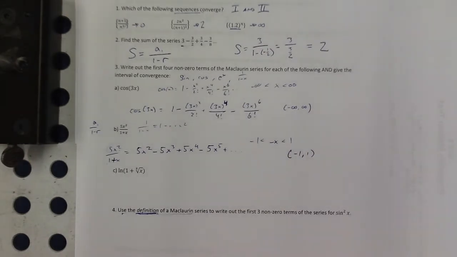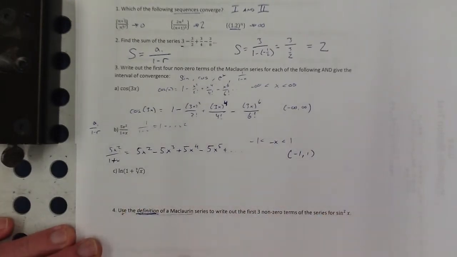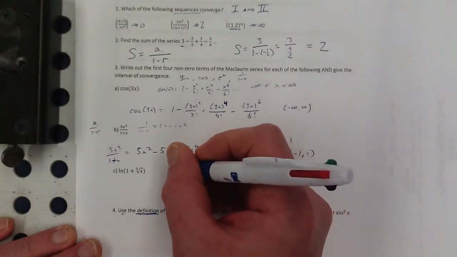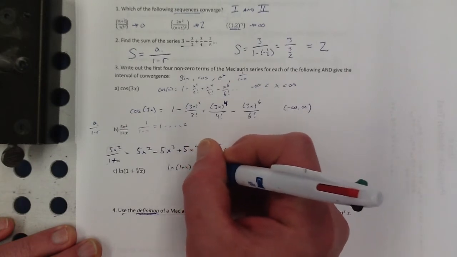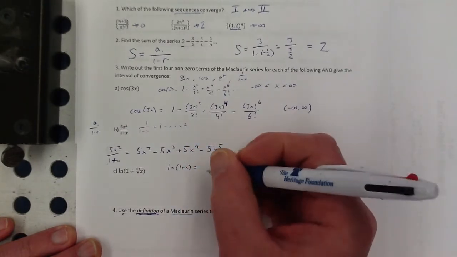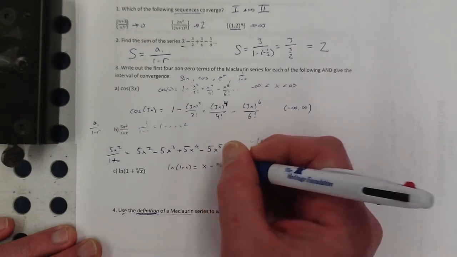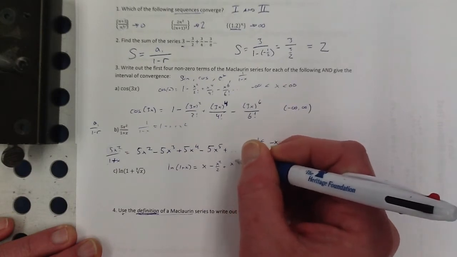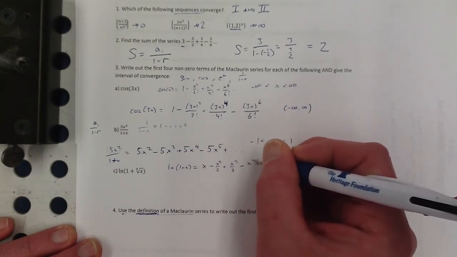All right. Now this one, I know, maybe you know, or maybe you should know, that the series for the natural log of 1 plus x is equal to x minus x squared over 2 plus x cubed over 3, and so on.